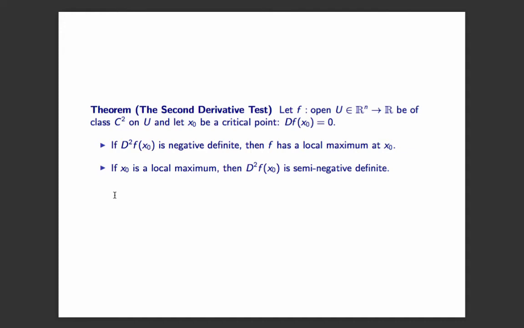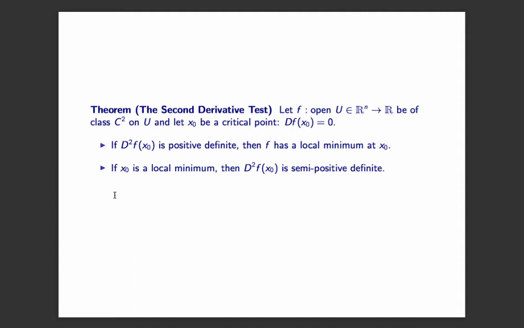Of course, as you might imagine, there's a variation for positive definite. If my matrix is positive definite, then I have a local minimum. And if x naught is a local minimum, then my Hessian matrix is semi-positive definite. So let's give a sketch of the proof for the first iteration of the second derivative test.